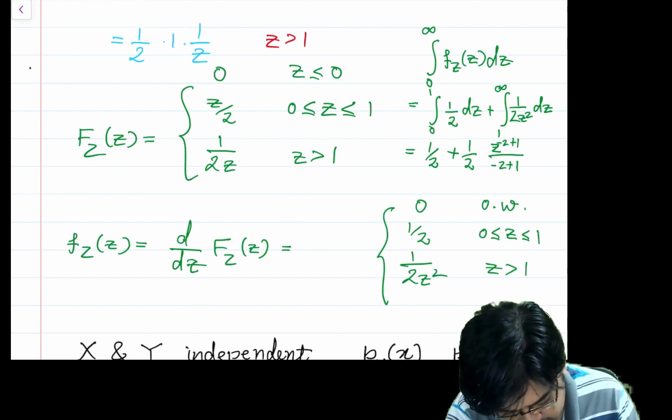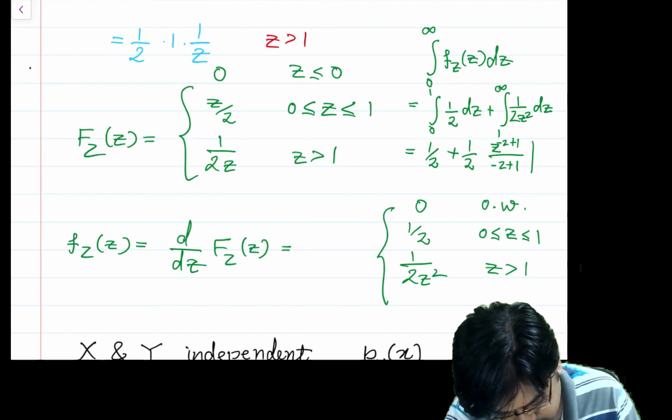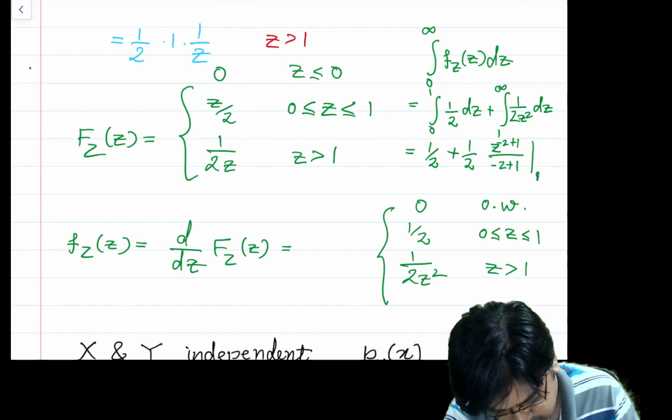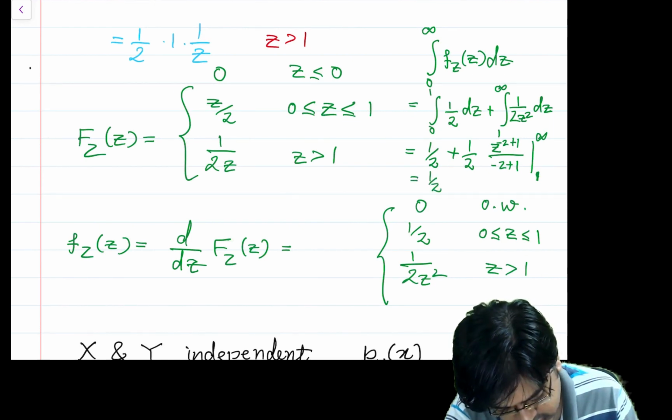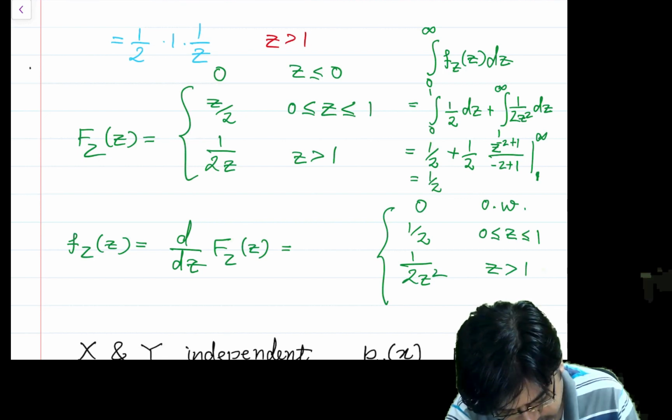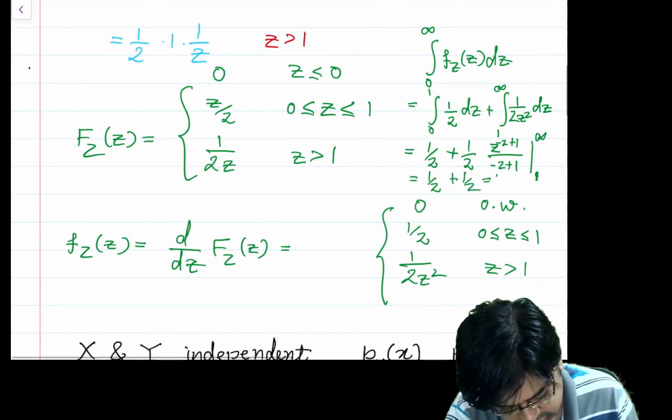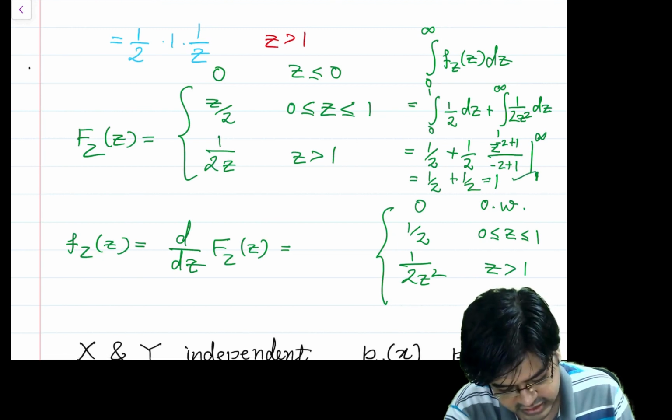So that should give me, from 1 to infinity, half as it is, 1 by z will be 0 if you put infinity, minus minus, yeah, so that will give me another half. So therefore it is equal to 1, and hence the answer is verified.